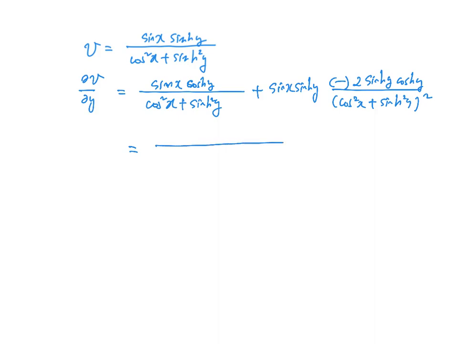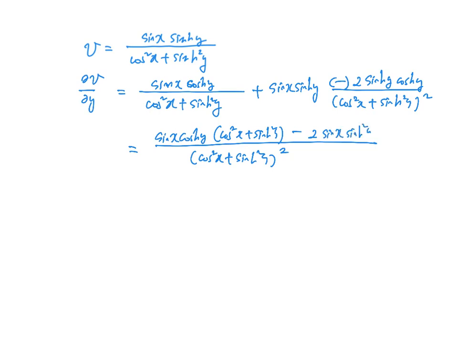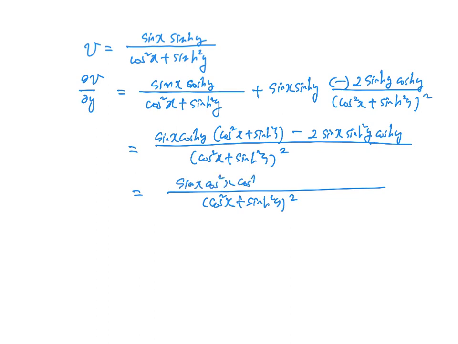So we can put them together over the square: sine x cosine hyperbolic y times cosine square x plus sine hyperbolic square y, minus twice sine x sine hyperbolic square y cosine hyperbolic y.